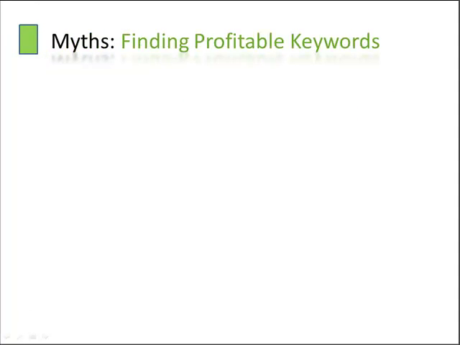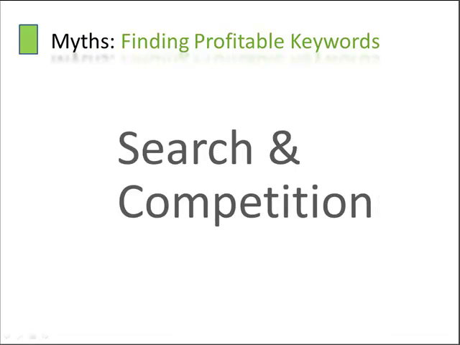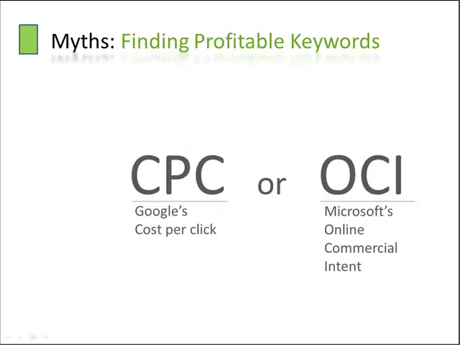Let's do away with some myths first. Data like search volume or competition figures have nothing to do with profitability. It simply tells you how many people are searching and how many competitors are competing. So, can profitability be adjudged from Google's cost per click or Microsoft's OCI? It's a good hint, but profitability is more subjective in nature than any algorithm trying to objectively judge profitability.